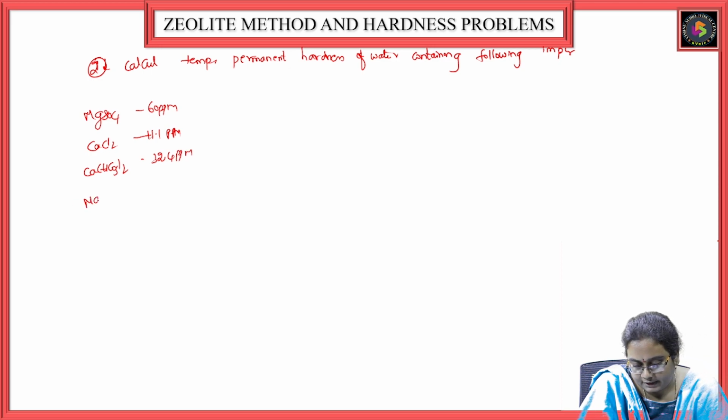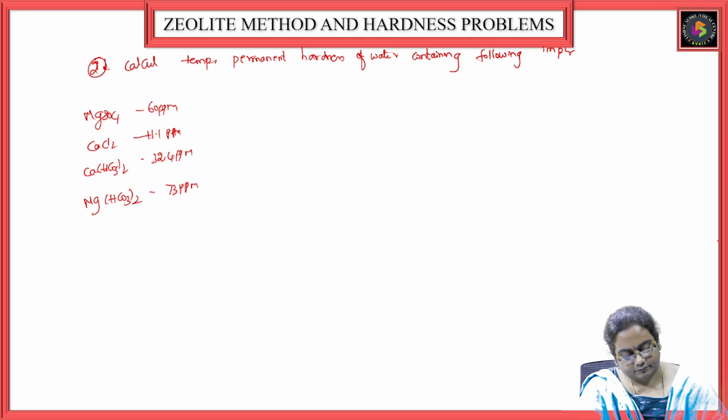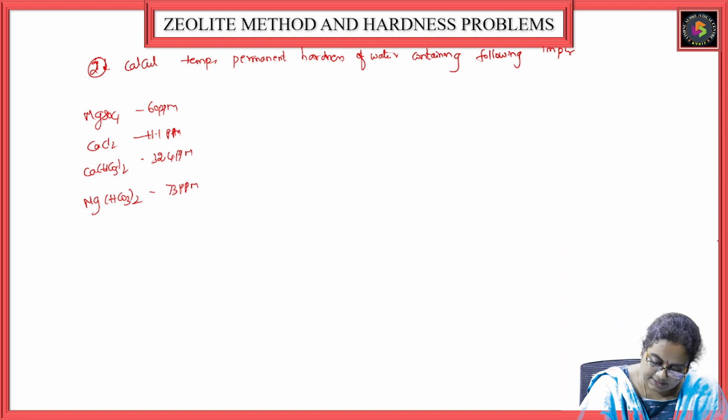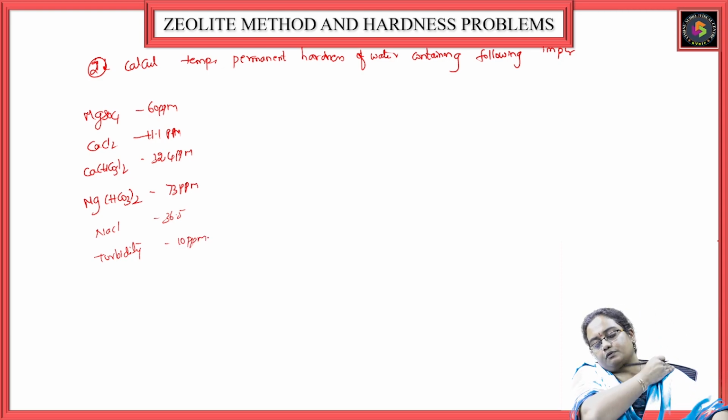Magnesium bicarbonate 73 ppm. Next, NaCl 36.5. Turbidity 10 ppm. So this is our question.